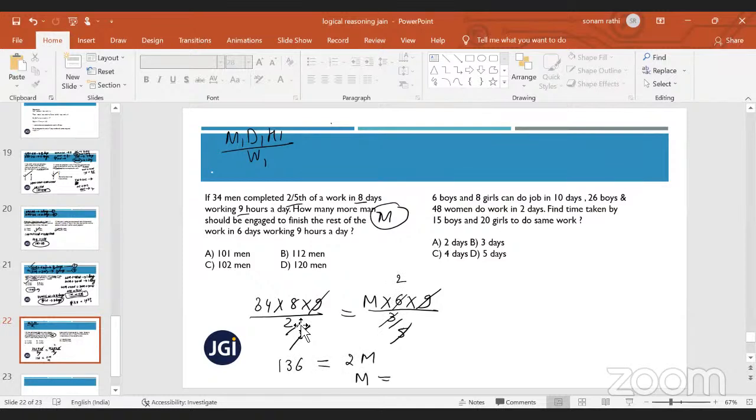M is equals to 136 by 2. Still, I'm getting the same answer.